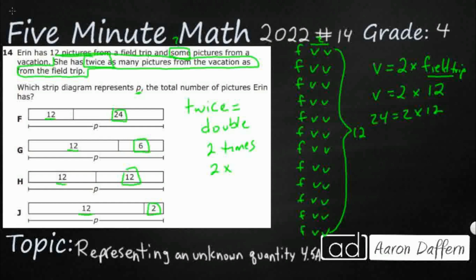Now we need to match our strip diagram. So we need to have our vacation as 24, and we need the 12 to match here from the field trip. So we see here, it does look like I've got that 12 and that 24. For F, let's look at the other ones. G, they took that 12, instead of doubling it, they cut it in half.